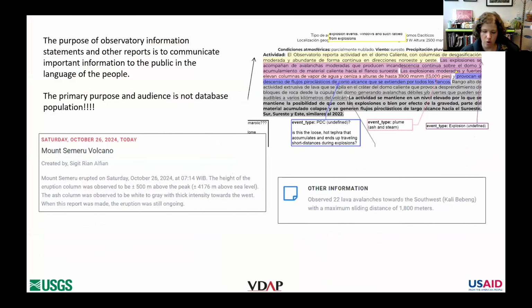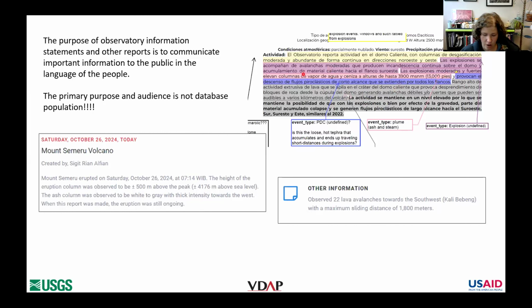And we obviously have more modern observatory reports and literature. One thing I want to point out right off the bat here is that the purpose of, say, observatory information statements and other types of reporting is to communicate that important information to the public in the language of that audience. And the primary purpose is definitely not to make my life easier. So this is not a complaint about the content that is included in these.